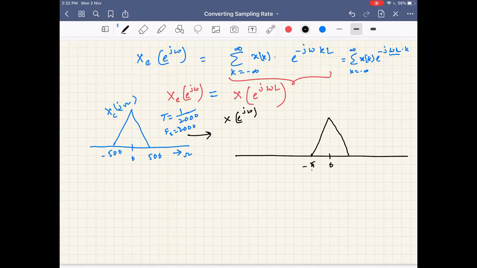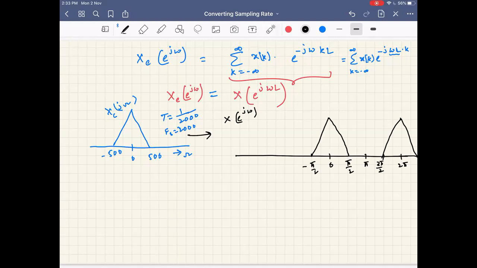It comes from minus pi by 2 to pi by 2, and again it repeats at 2 pi. This is pi, and this is 3 pi by 2.